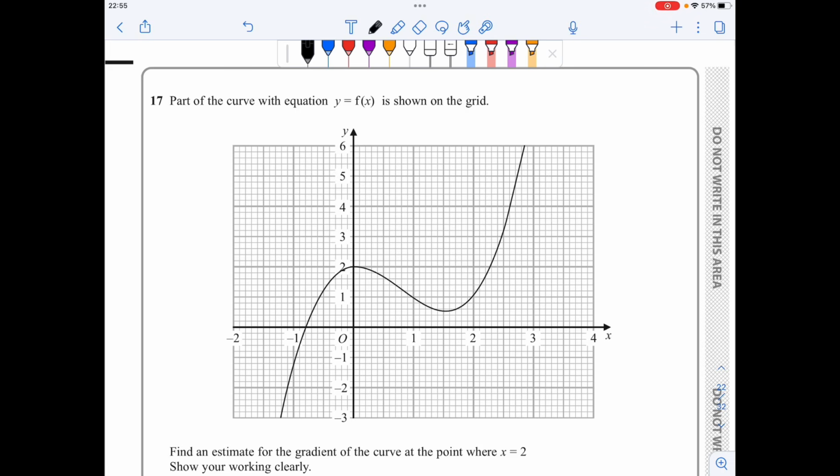In question 17, I need to find an estimate for the gradient of this curve at the point where x equals 2. That's the point here. I'll start by drawing the tangent at that point, and then I'll find the gradient of the tangent. Now, to find the gradient of the tangent, I'll need to use the following formula.